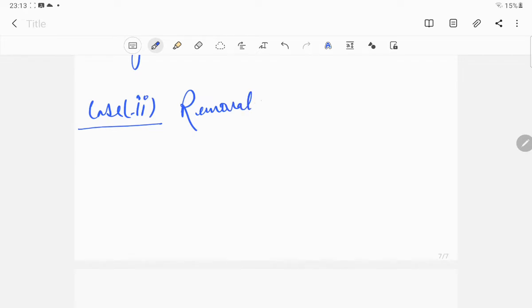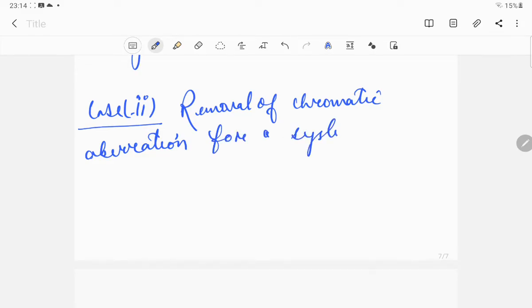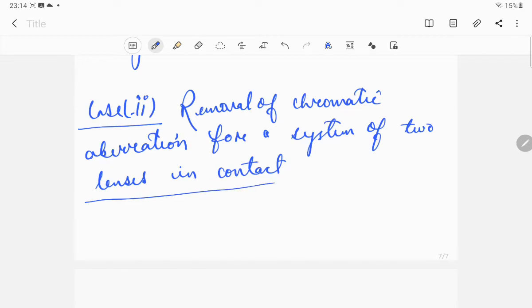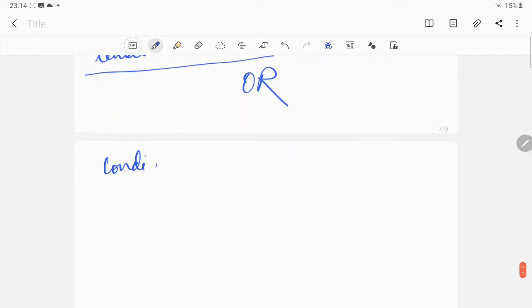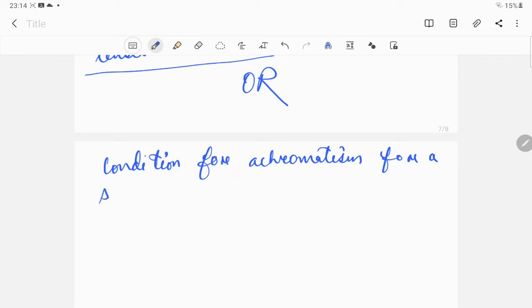Removal of chromatic aberration for a system of two lenses in contact, or condition for achromatism for two lenses in contact.